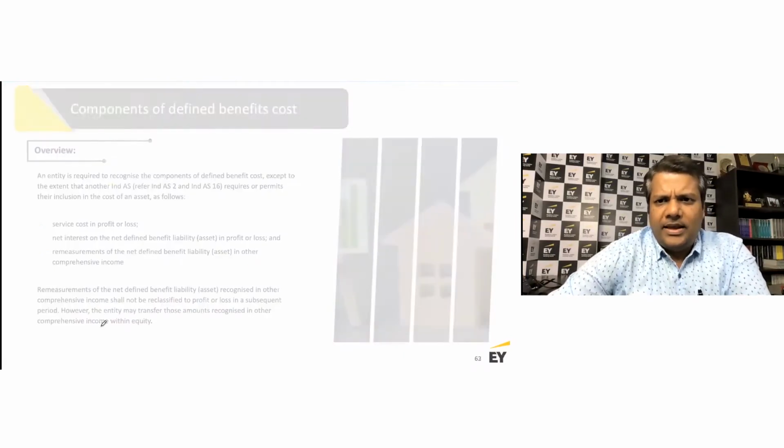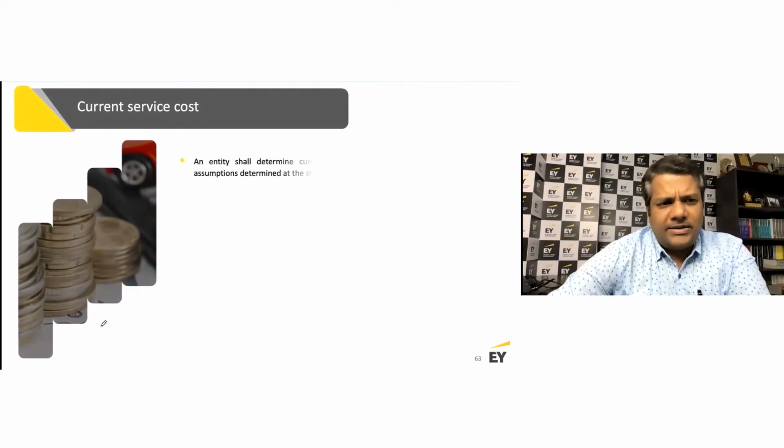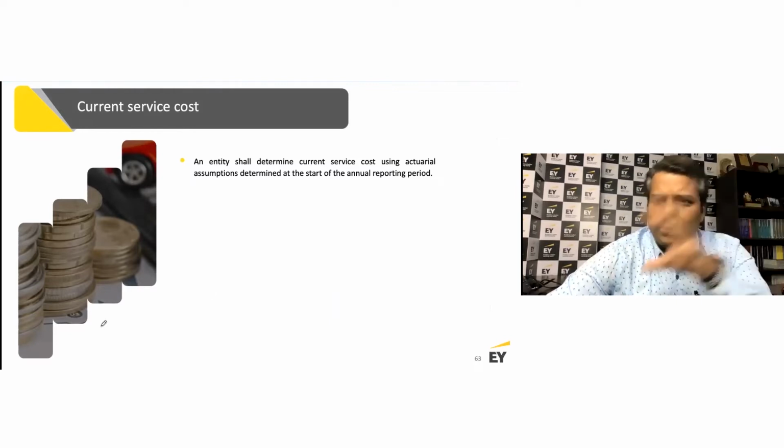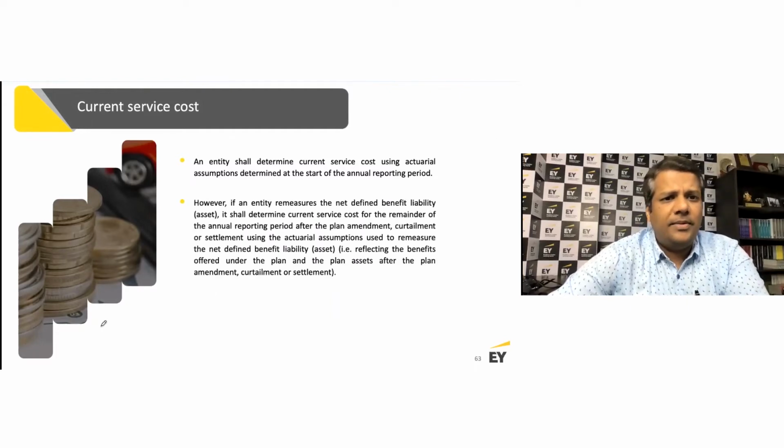All right. So what is the meaning of the current service cost? An entity shall determine the current service cost using actuarial assumptions, and we talked about what all goes into the actuarial assumptions, at the start of the annual reporting period.